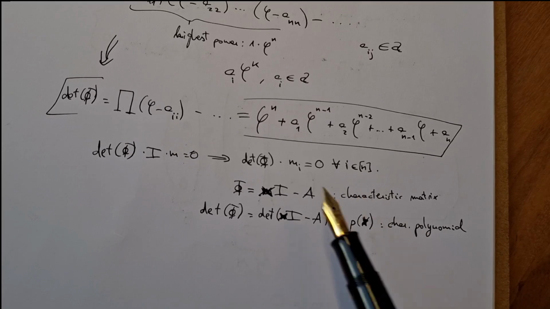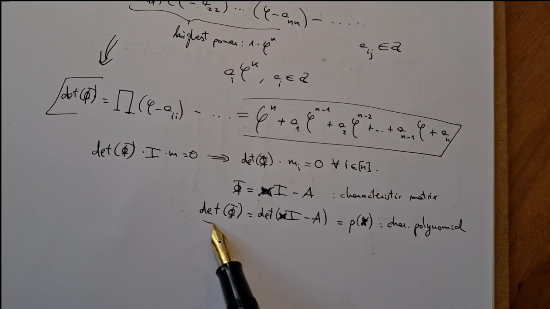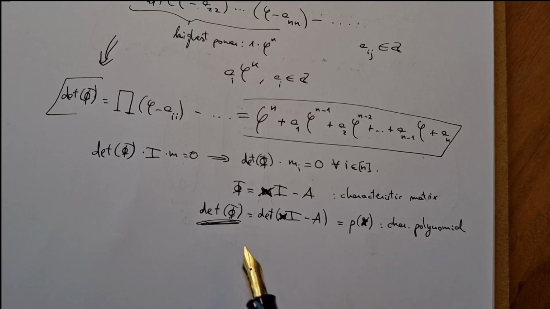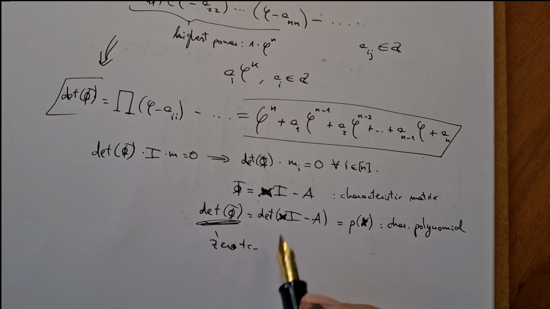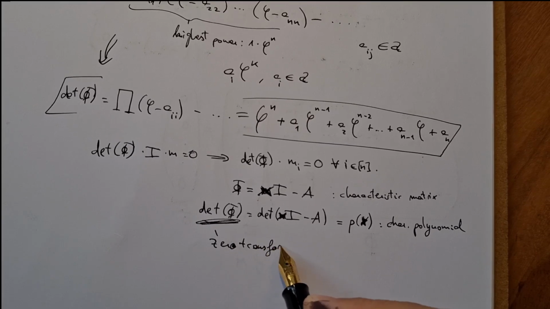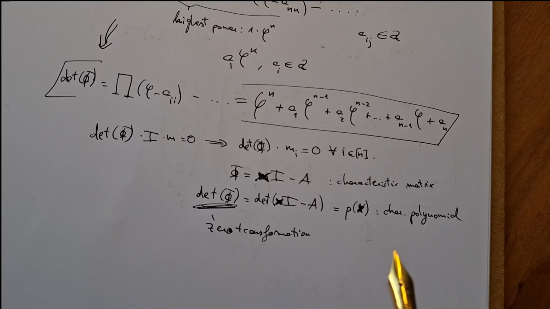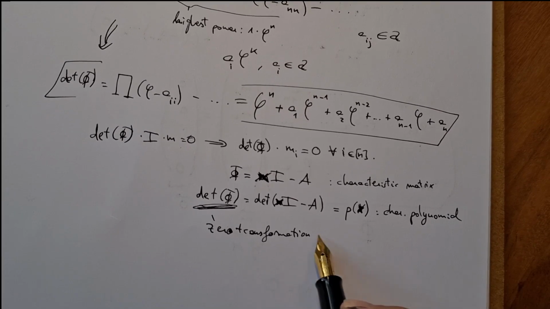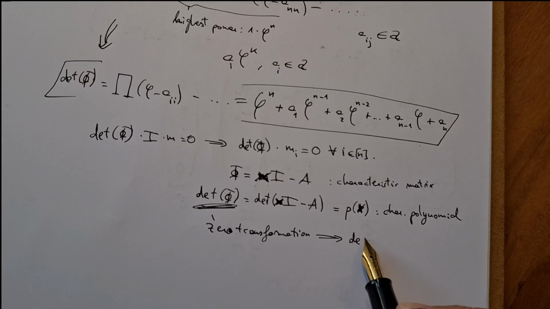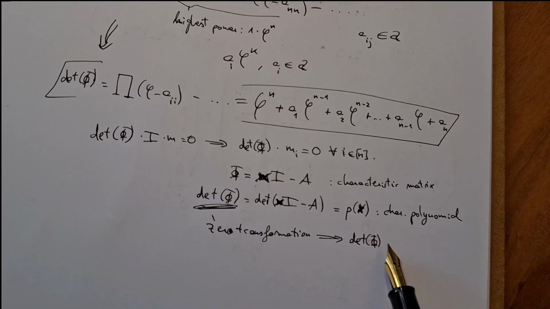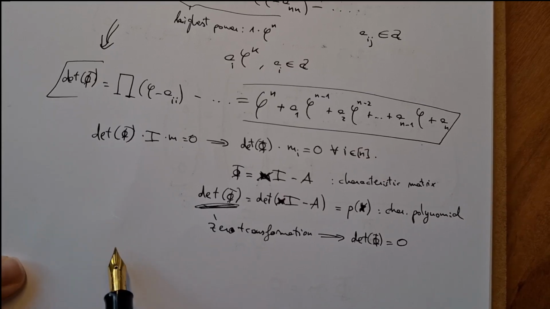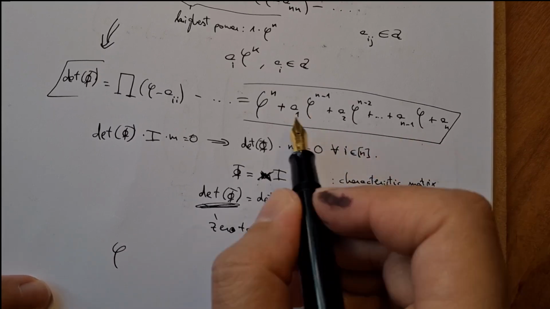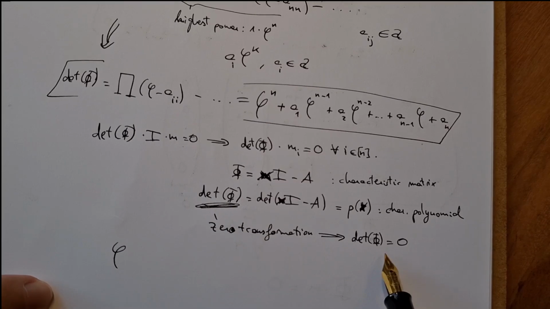So in our case, the determinant of psi is the 0 transformation. Therefore, the determinant of psi, seen as an operator, is the 0 transformation. So what we can write is that this equation, which is the determinant, equals 0.